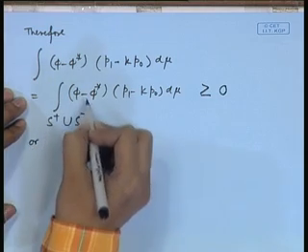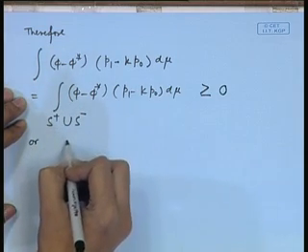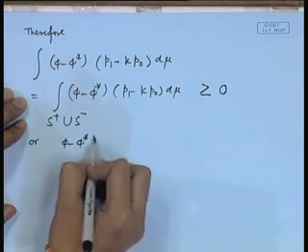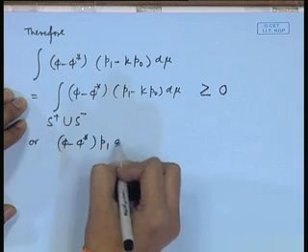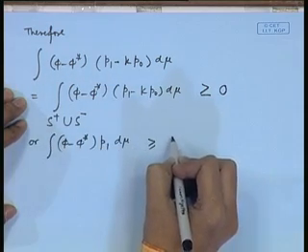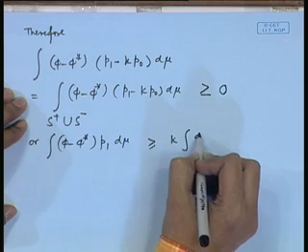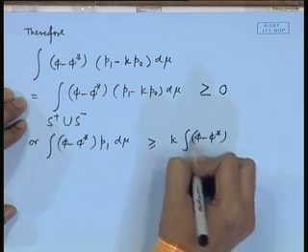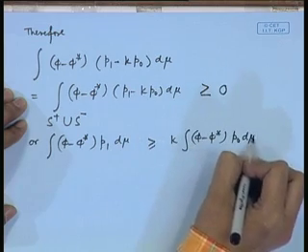So this we can simplify, we can write it as the integral of phi minus phi star into p1 d mu is greater than or equal to k times the integral of phi minus phi star p naught d mu.